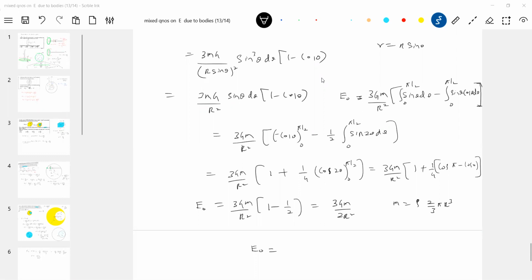Substituting, 3 by 2 r square G rho 2 by 3 pi r cube gives pi G rho r. I think that is not the answer. I'll check, some books have given it.